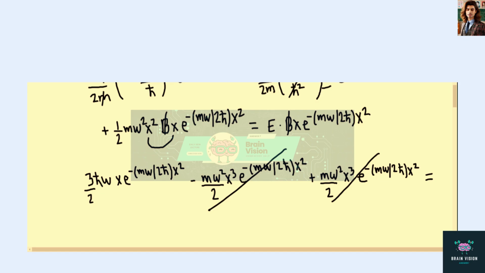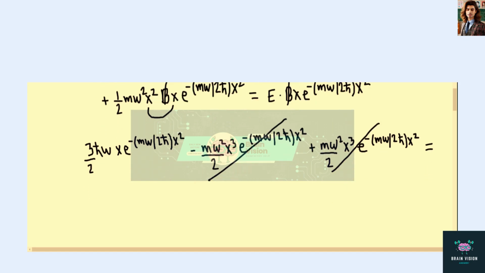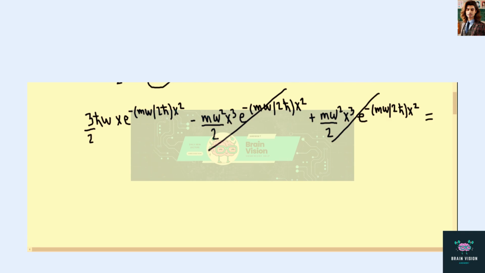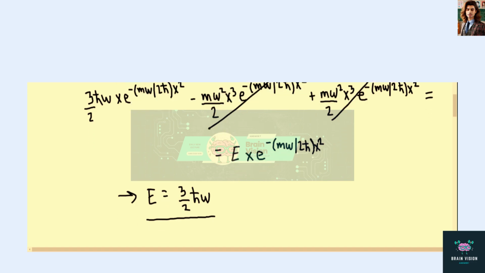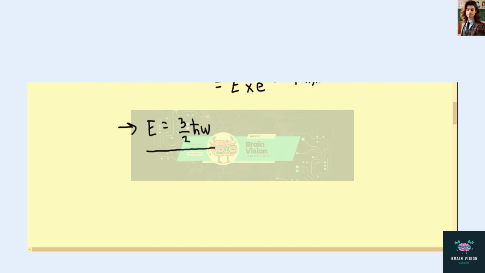So those two actually cancel. So this greatly simplifies. And then, of course, the other side of the equation is still just the energy times x times the exponential function. So this shows us that the energy is just 3/2 times h bar omega. This is actually just the first excited state of the harmonic oscillator.